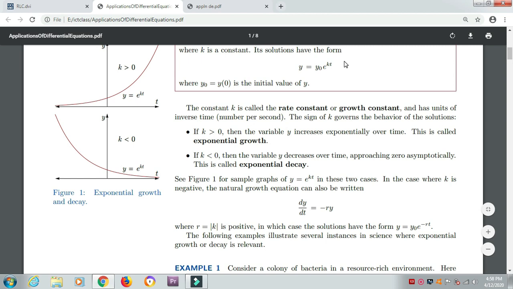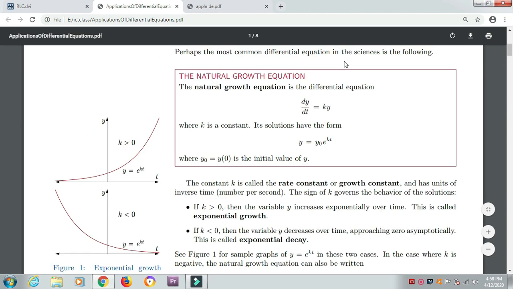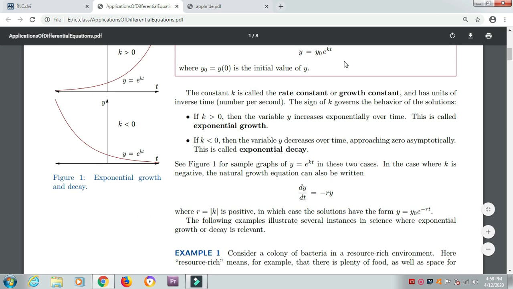In the second case, k less than 0, we have y values decreasing over time. So if y increases exponentially over time with a positive constant k, then we say exponential growth. Suppose k less than 0, we have an exponential decay.